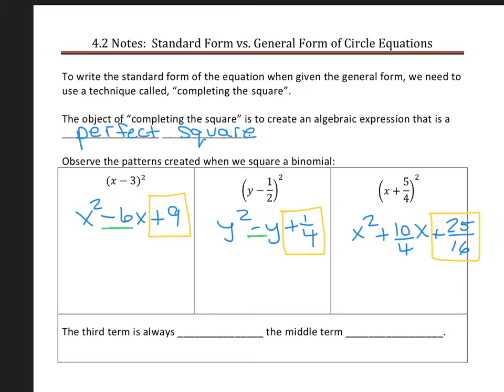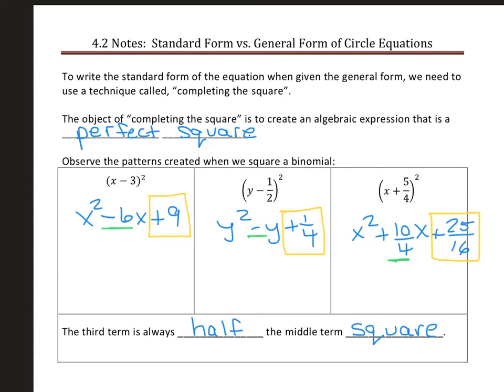So this is a negative 1 and this is 10/4. How do they relate? In every single case, when we create that perfect square, that third term, that constant, is exactly the square of half the middle term's coefficient.